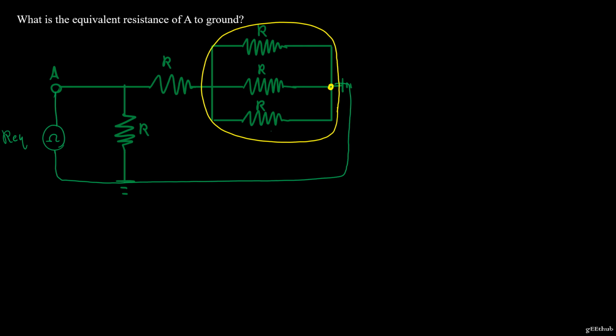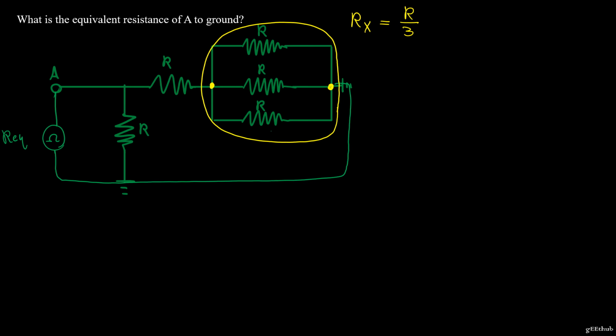Because they're sharing both their terminals together. Let's call the equivalent resistor Rx. So what is my Rx going to be? 1 over Rx is equal to 1 over R plus 1 over R plus 1 over R. So then my Rx is R over 3, if you simplify this equation.